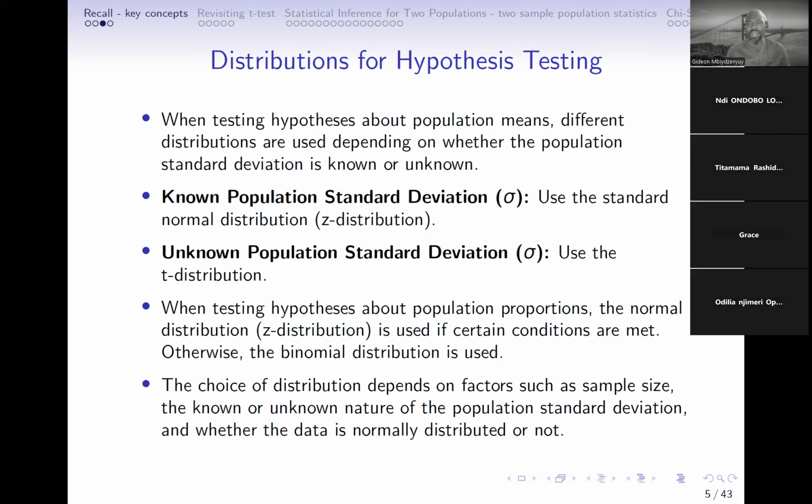The distribution can be described as maybe a uniform distribution, or maybe it follows a certain type of distribution. There are different names that are given to these depending on the shape and their properties. So when we are testing the hypothesis about the means of a population, different distributions are used depending on whether the population standard deviation is known or unknown.